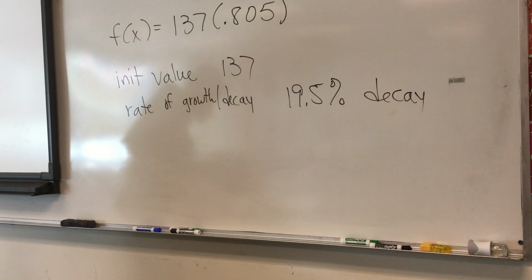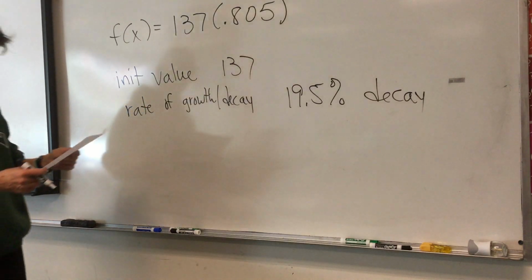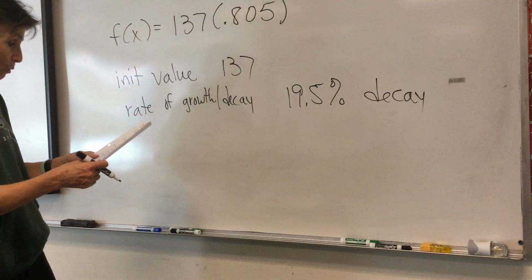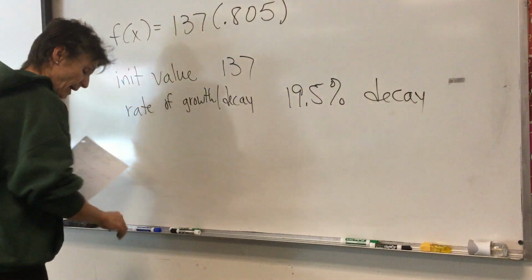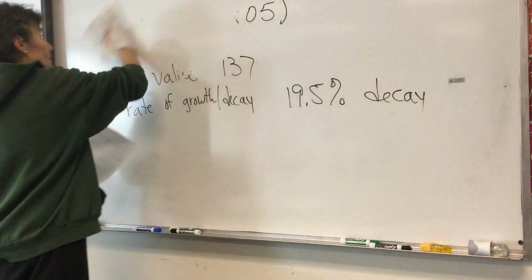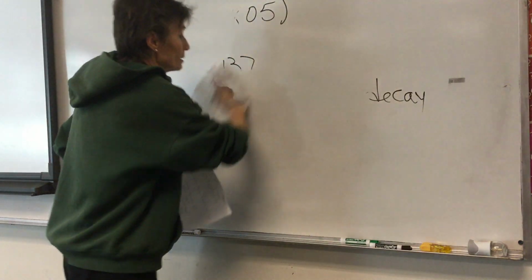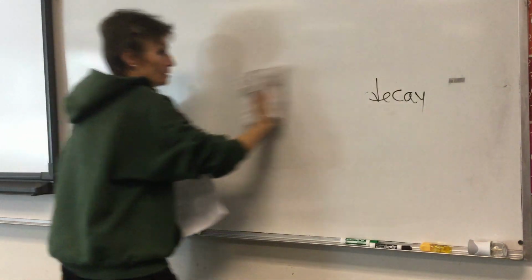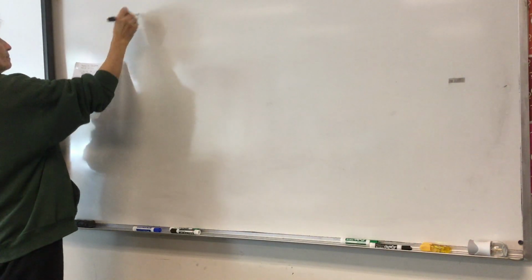All right, let's take a look at the last problem. Oh, no, there's 2 more. That was number 3. So we have 2 more to practice. So now we're going to consider a logistic function.